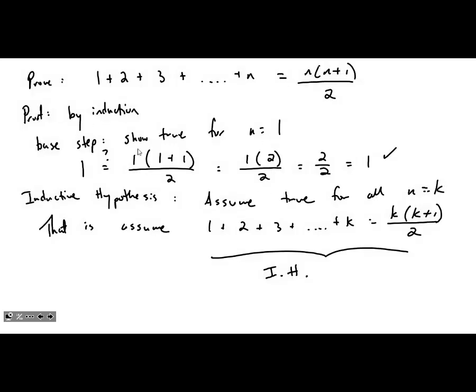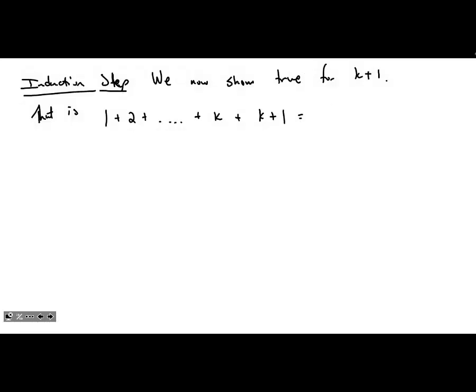To find the sum of the first k integers, it's k times k plus 1 over 2. If I want to find the sum of the first k plus 1 integers, then my induction step would be k plus 1 times k plus 2 over 2. So the idea is I wish to show that this is true.